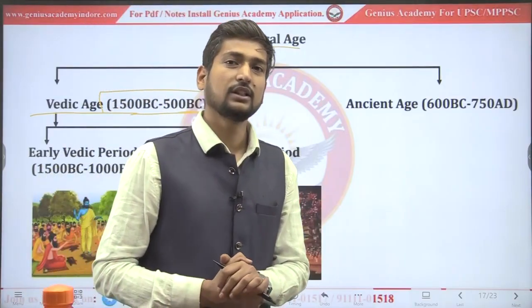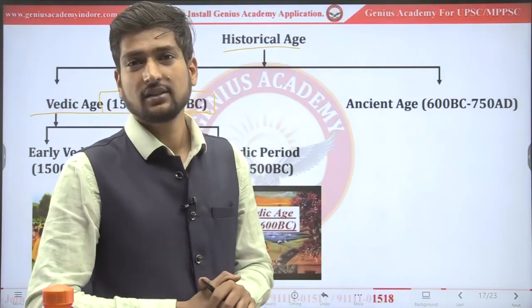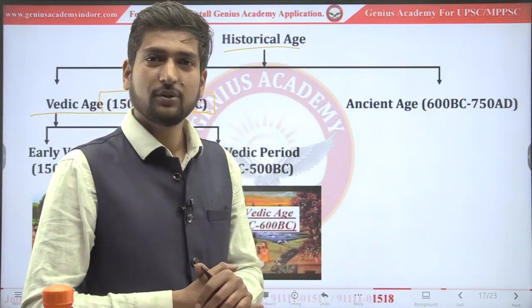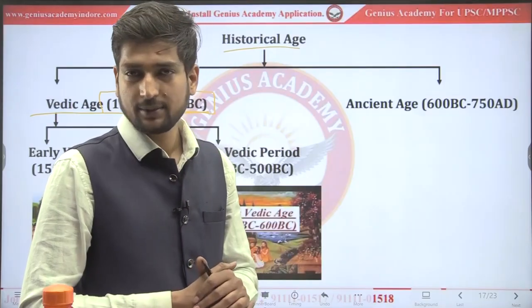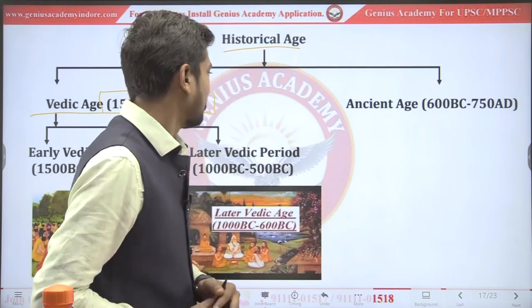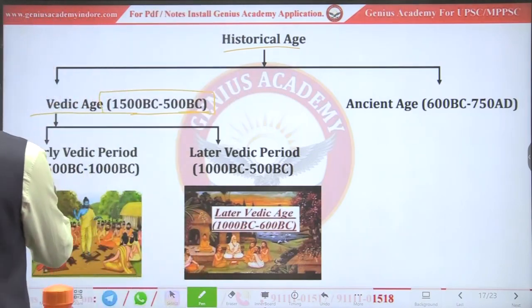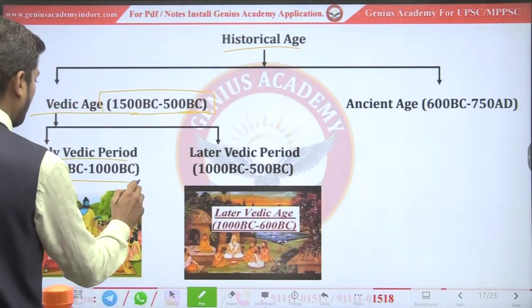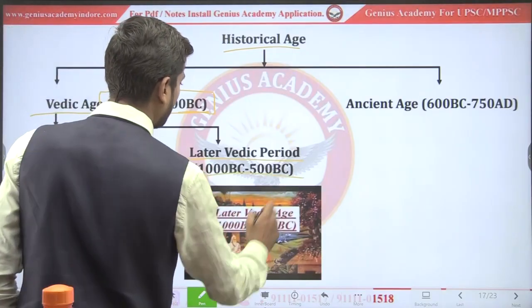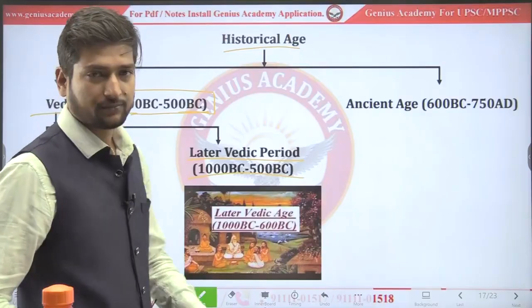So in order to stop this sacrifice in yagna, Jainism and Buddhism became so popular at that period. The early Vedic period is 1500 to 1000 BC. The later Vedic period is 1000 to 500 BC.